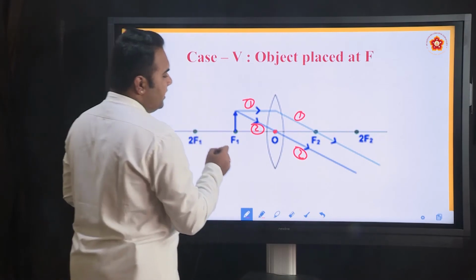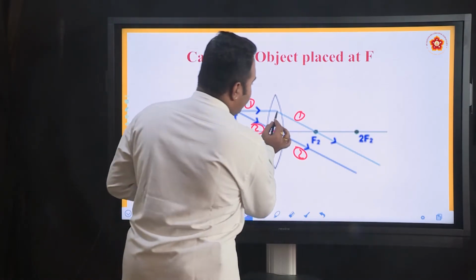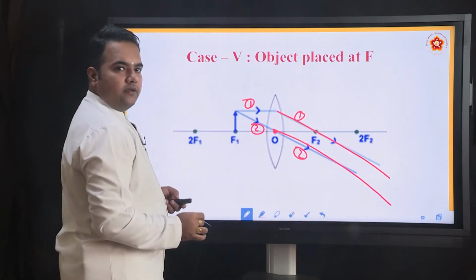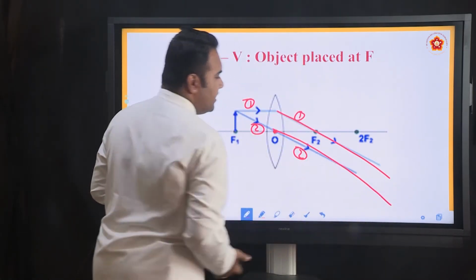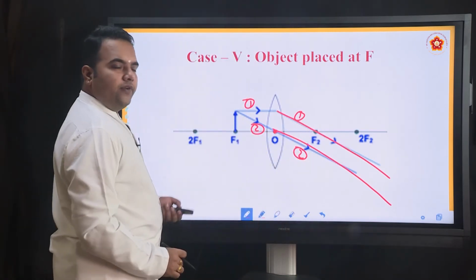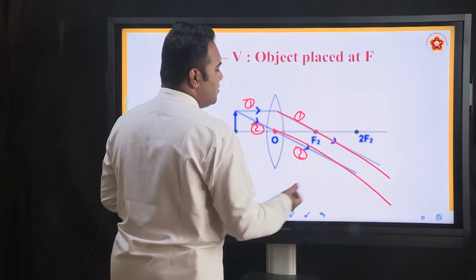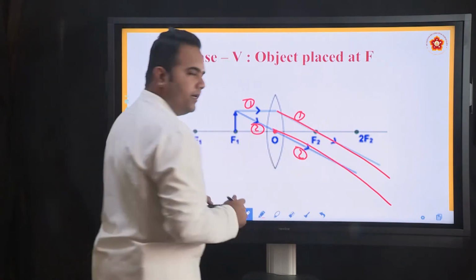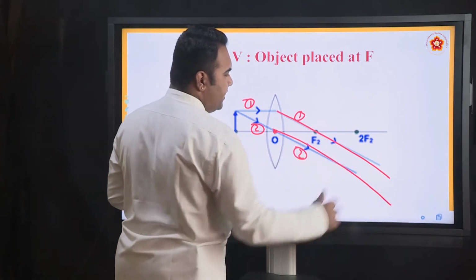Now if you draw correctly, we observe that these 2 rays of light never intersect on this side of the lens, which means these 2 are parallel rays of light which intersect at infinity. That is how we put it in words. So therefore there is no exact point at which these 2 rays will meet. So the image is formed at infinity.